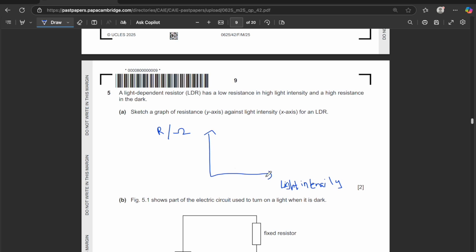It's not in the syllabus. It just wants to test you about the graph. It is not linearly proportional, but if one increases, the other decreases. So as light intensity increases, the resistance will decrease. So we'll have some kind of negative gradient graph. It goes something like this.